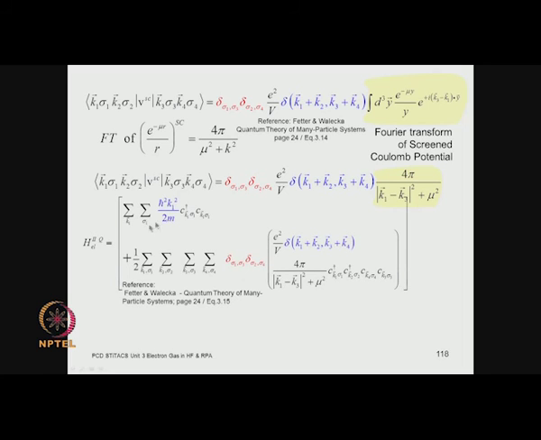and now we have the expression in second quantized form for the electronic Hamiltonian. This is the second quantized form of the electronic part of the Hamiltonian. You have these summations over various momenta k1, k2, k3, k4 and so on.